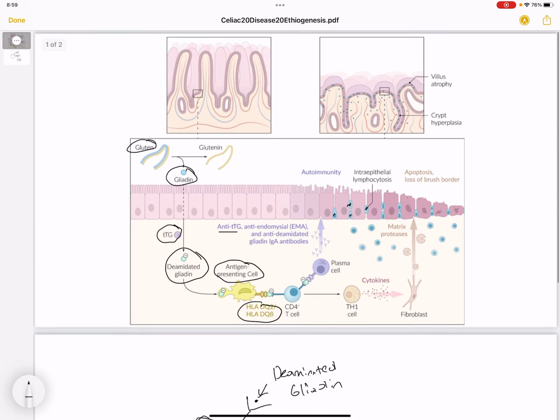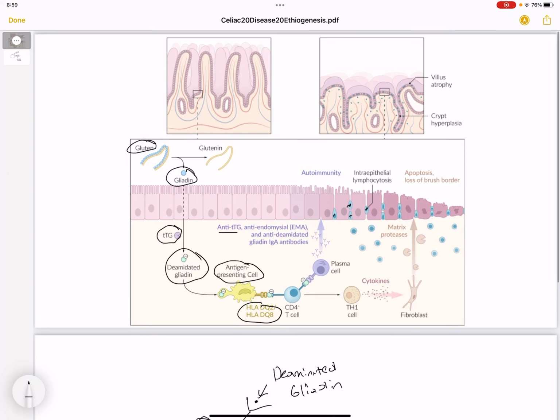Now, once antigen presenting cells present the antigen or the deaminated gliadin to our T helper cells, there's going to be two things that are going to occur. The first thing is going to be the stimulation of plasma cells to produce antibodies.